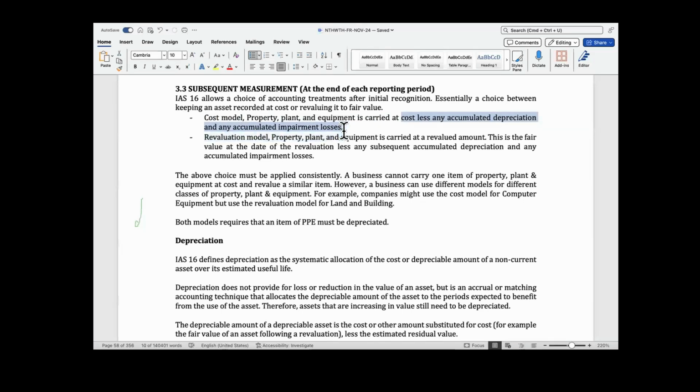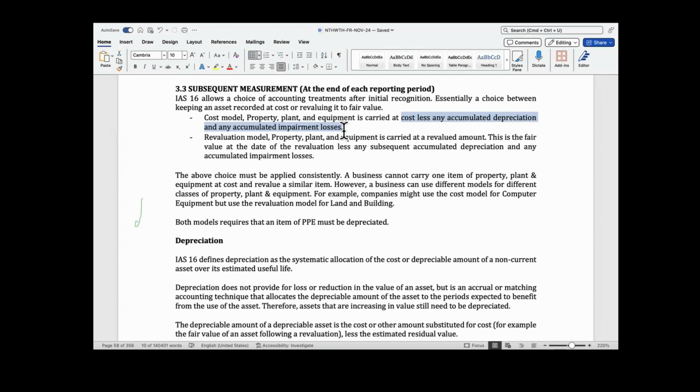That is cost model. Cost less accumulated depreciation, less accumulated impairment losses. Anytime, any day, if an examiner asks you to define and explain cost model, it is no more than this. Cost less accumulated depreciation and any accumulated impairment losses.